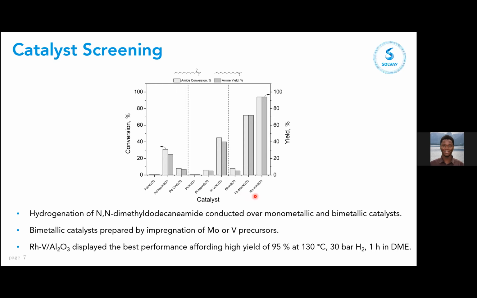And in this particular case, we are more interested in vanadium since we obtained the best catalytic results using the modified catalyst, up to as much as 95% at rather moderate conditions of 130 degrees and 30 bar of hydrogen within 1 hour in DME as a solvent. So we were more interested in these, and I will show some detailed catalyst characterization on this bimetallic modified catalyst.